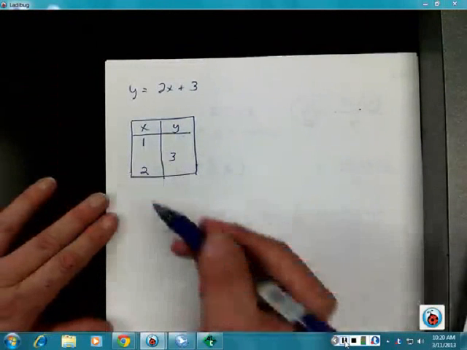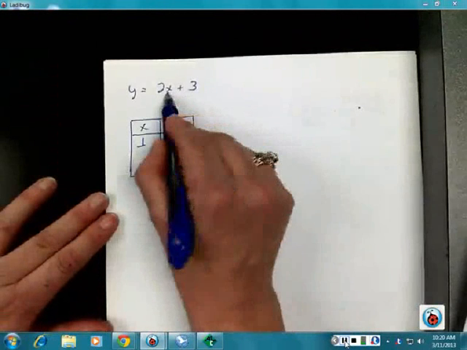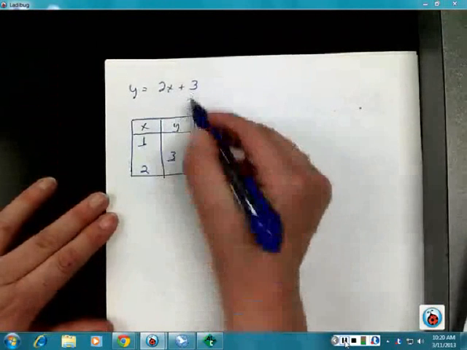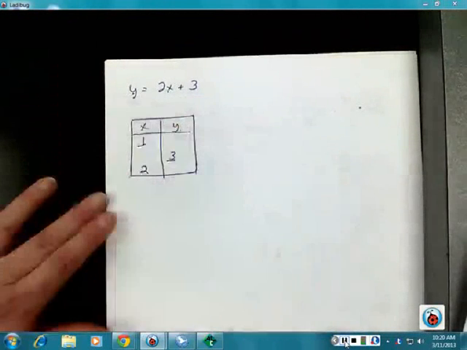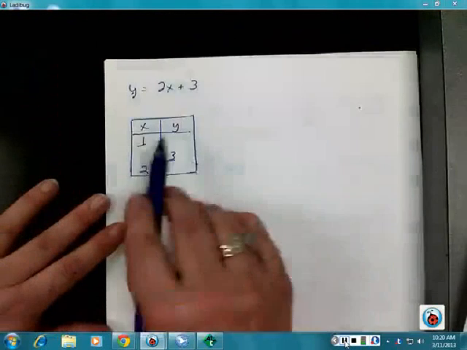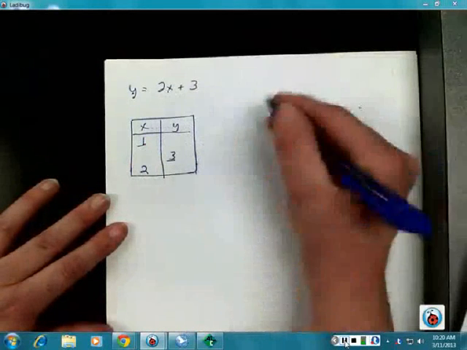Be careful when it says x, because you're going to put that in where x is at, but when it tells you y, you're going to put y in where y is at. So what would be my values that would go in here? So I would put 1 in where x is at.